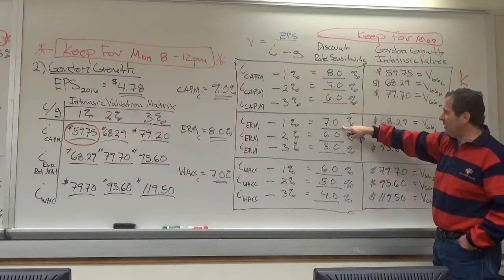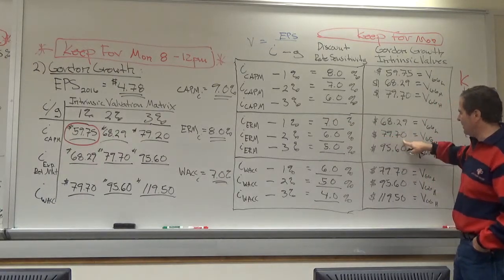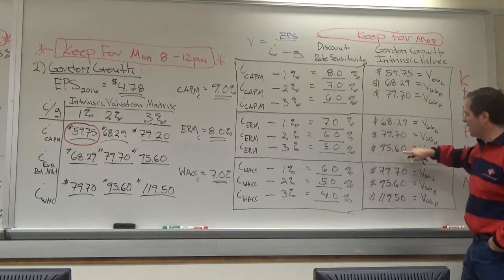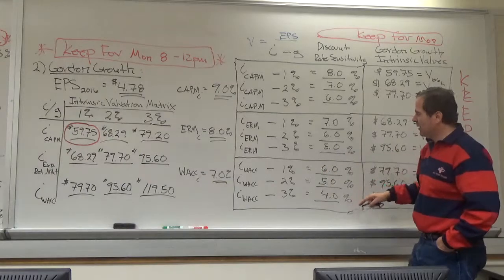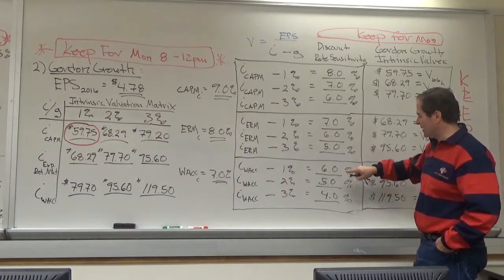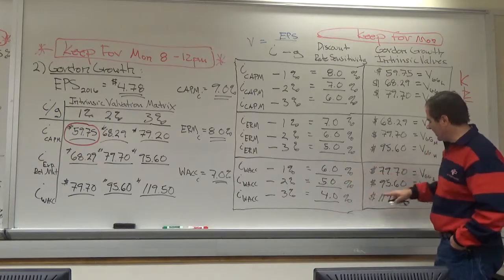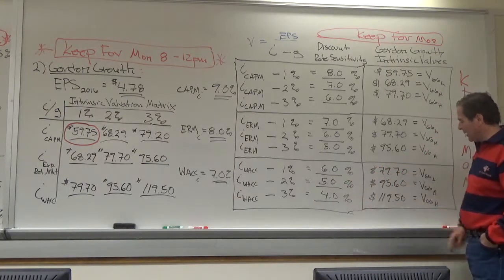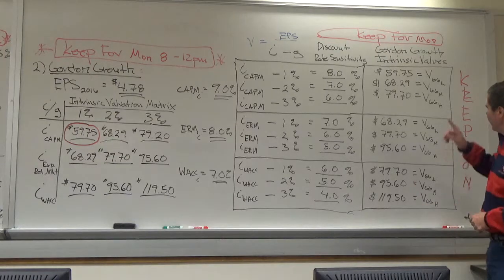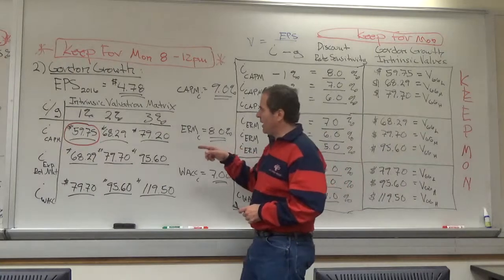By 5, $95.60. Now the last is the WACC. $4.78 divided by 6% is $79.70, by 5%, $95.60, and by 4%, $119.50.